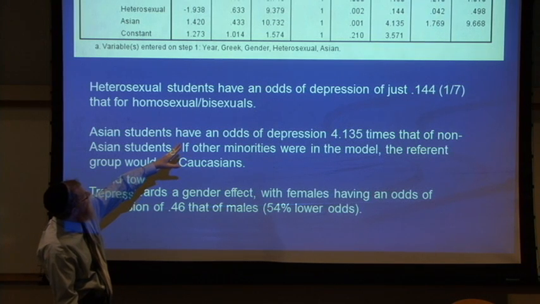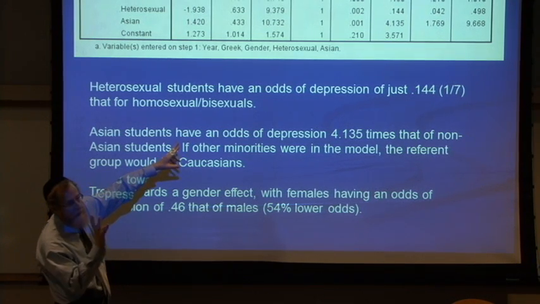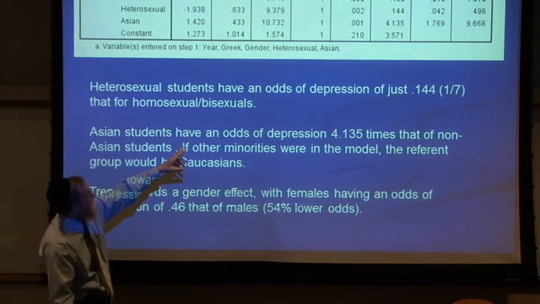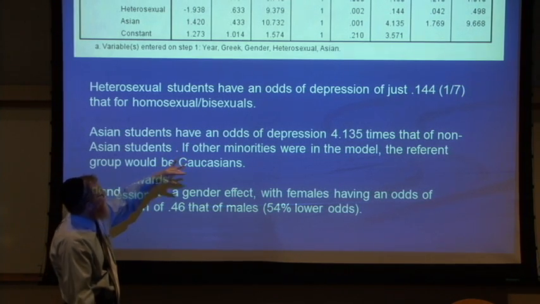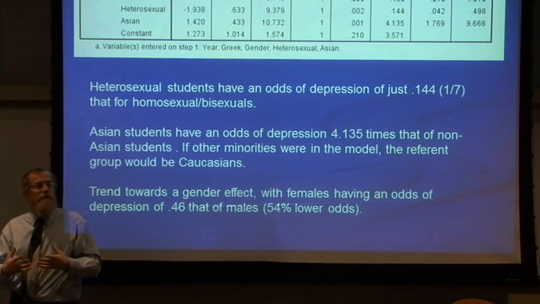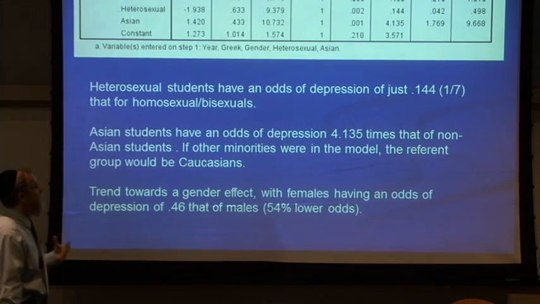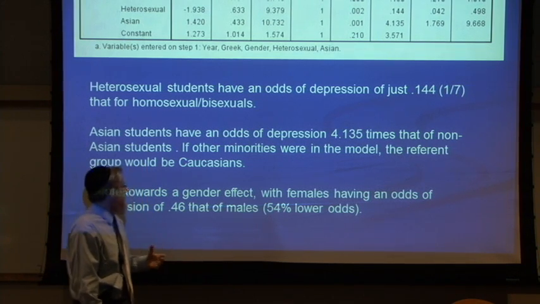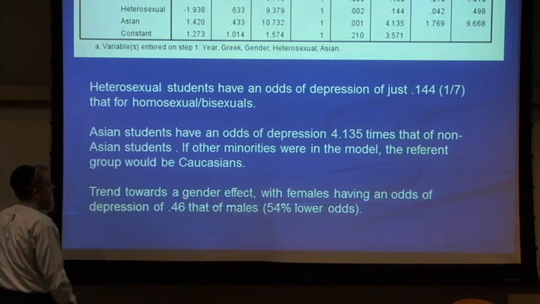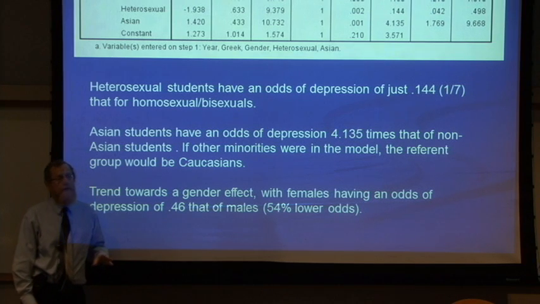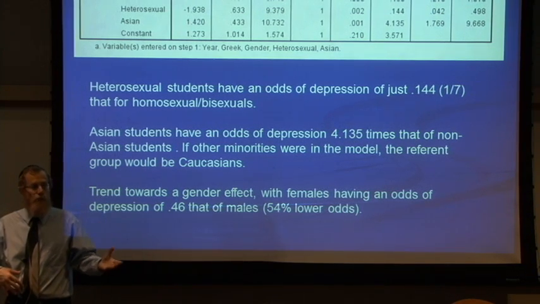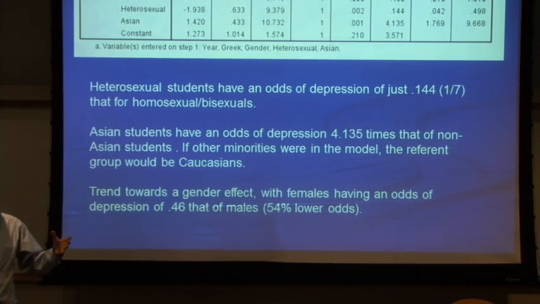So we're saying the odds of a positive screen for generalized anxiety disorder for heterosexuals was only 0.144, only like 14% of what it was for non-heterosexuals. Another way of looking at it, which makes interpretation a little easier, is to look at it as percent more likely, percent greater, or percent less.